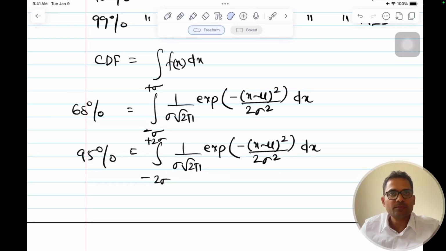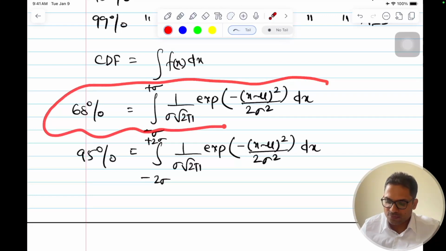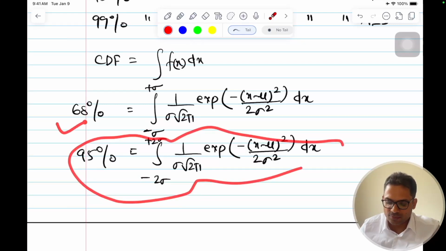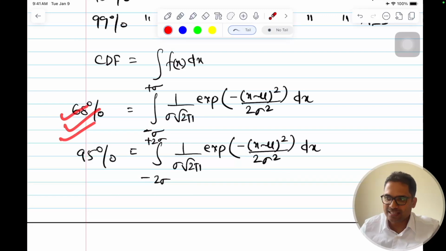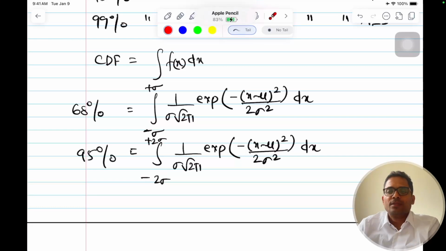You can figure that out. That's why integration is important to understand this. For some fun practice, you can try integrating this from this range to this range, and this will give you these values: around 68.2, 95.4, and 99.7 for 3 standard deviations. Check that out, that will be a fun exercise. With this, Gaussian is done.